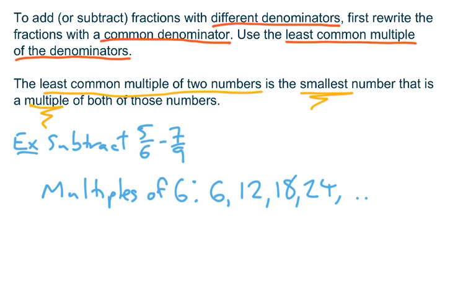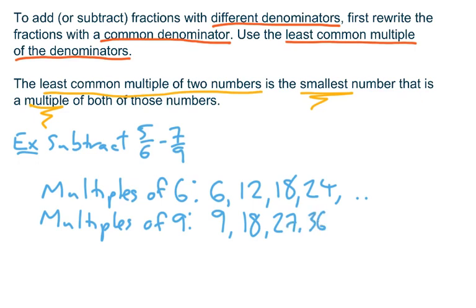Adding 6 each time, so that 6 is 6 multiplied by 1, 12 is 6 multiplied by 2, 18 is 6 multiplied by 3, 24 is 6 multiplied by 4. The multiples of 6. Now look at the multiples of 9. Multiples of 9, counting by 9s, are 9, 18, 27, 36, and so forth.